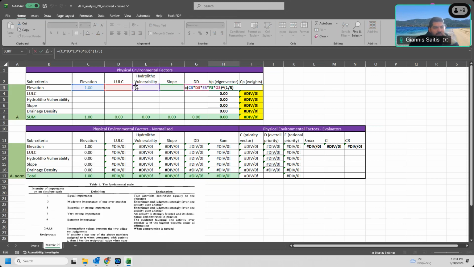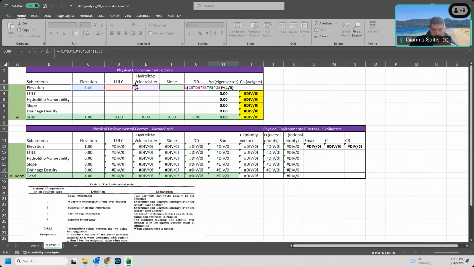Excuse me, but my mathematical English is not very well developed. With power 1 to 5, 1 to the number of the criteria, 5 in this case. So if it was 7, for the eigenvector there would be 7 multiplications with power 1 to 7.